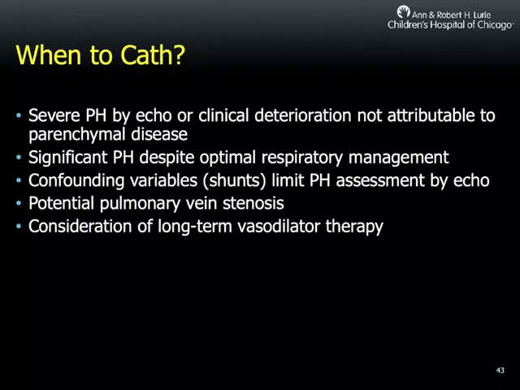Some guidelines or thoughts: severe PH by echo or clinical deterioration not attributable to parenchymal disease, as well as significant PH despite optimal respiratory management, and confounding variables such as known intracardiac shunts that may limit the PH assessment using echocardiography. If there's concern for pulmonary vein stenosis, we know that echocardiography, even by Doppler, is a poor assessment in terms of actually identifying pulmonary vein stenosis.